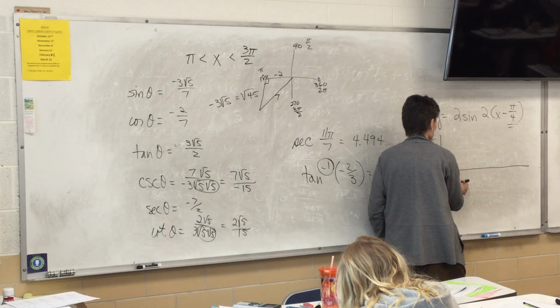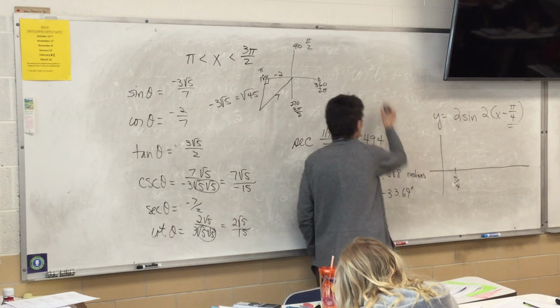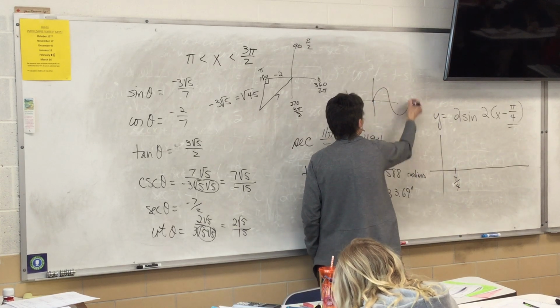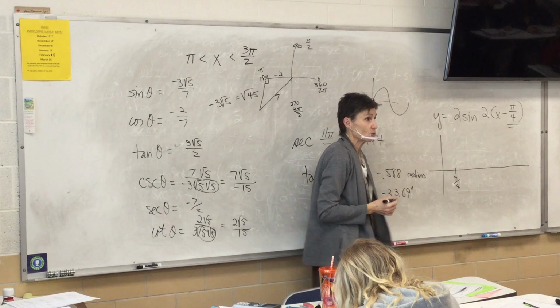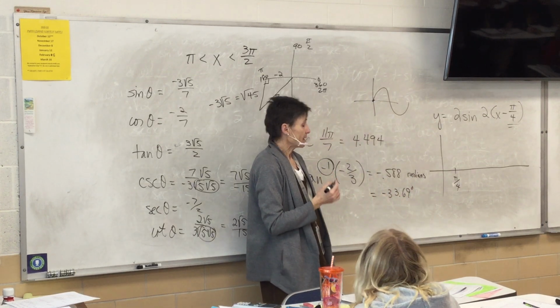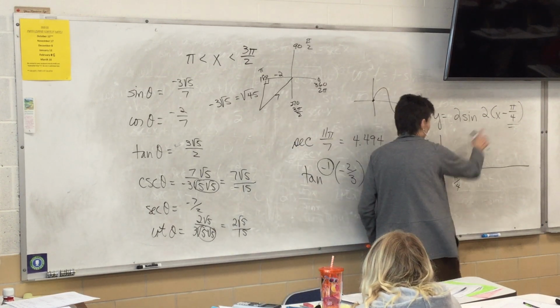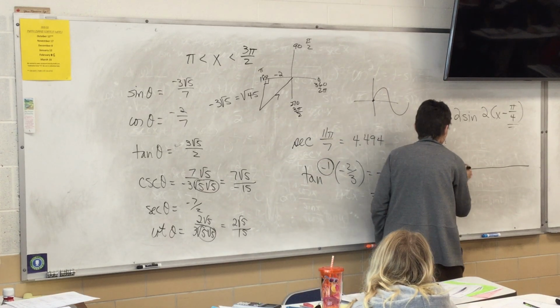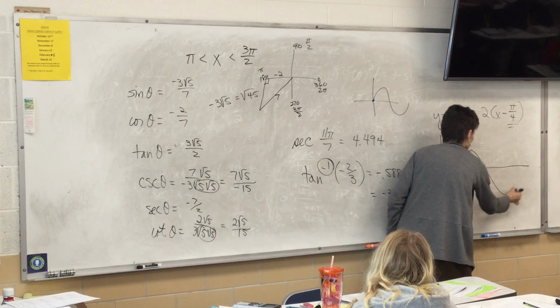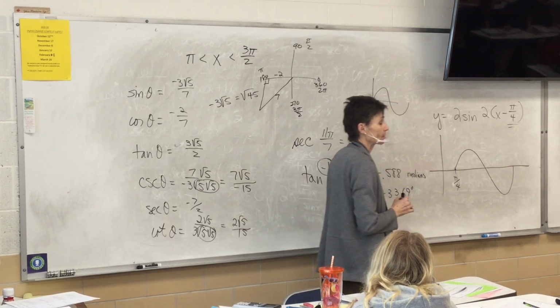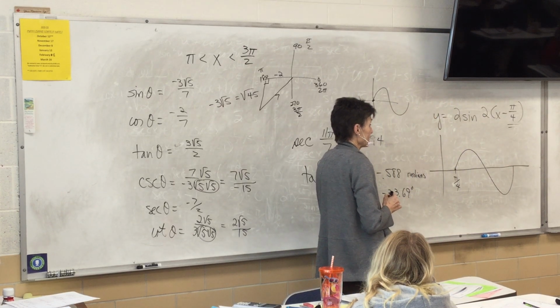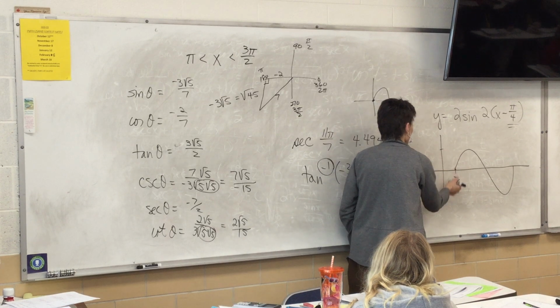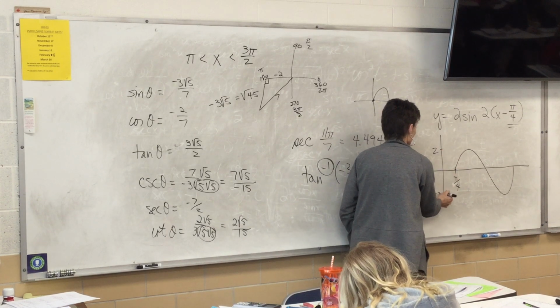So my curve that used to start at the origin, remember a sine curve starts at the origin? Not now. Now it starts at pi over 4. The shape is the same, so I'm going to go ahead and sketch in the shape. I know the amplitude is 2.